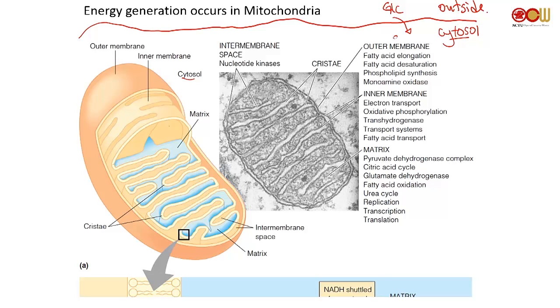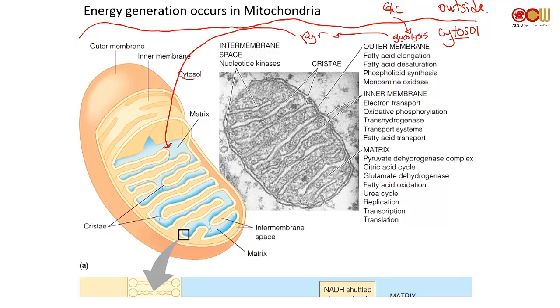So glycolysis occurs within the cytoplasm, the cytosol. Once you get pyruvate, pyruvate can then be transported into the mitochondria and up into the matrix of the mitochondria.